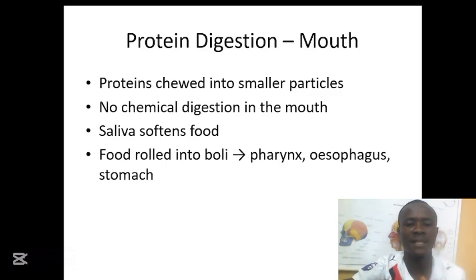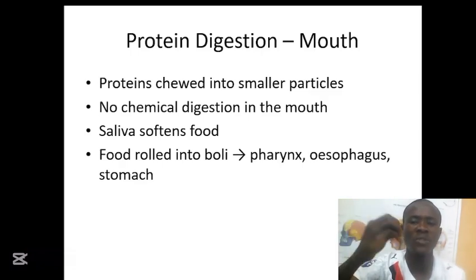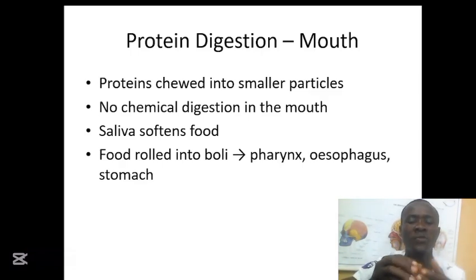So let's start. The first thing that you have to do is take the food and put it into the mouth. The taking in of food into the mouth is what we call ingestion. Now, after you have taken the food into the mouth, you have to chew that food in order to break it into smaller particles.